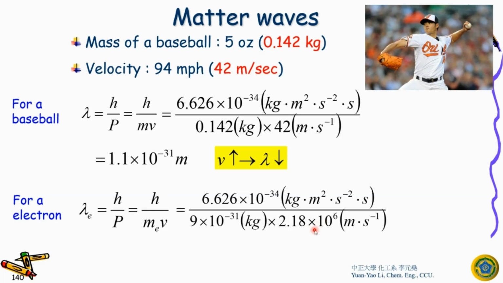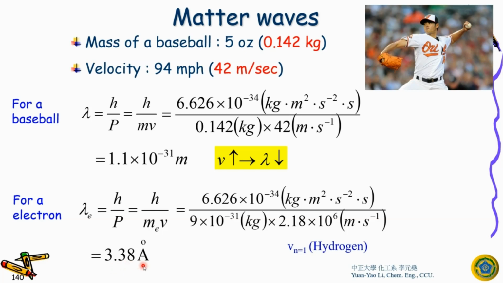I hope you still remember. Let's put the numbers into this equation. So what wavelength do you get? The wavelength you get is 3.38 angstrom, which is about 0.3 nanometer. Compared to the baseball, this is much larger.